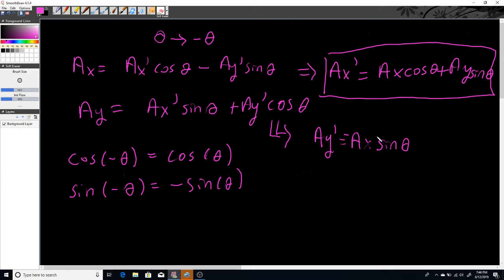Let me erase this and let there be no confusion as to what I mean. Okay, so we get negative a of x times sine of theta plus a of y times cosine of theta.